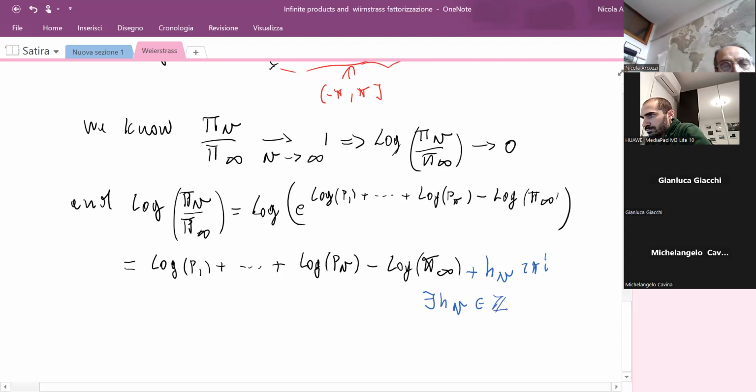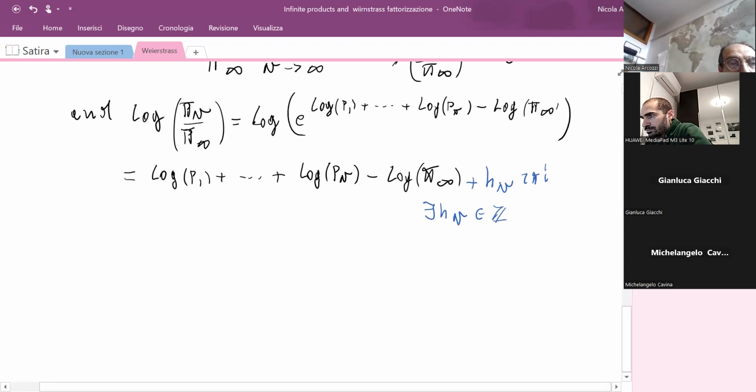The fact is that from this relation here, we get, okay, so the log of that ratio is this one. And that ratio goes to 0.